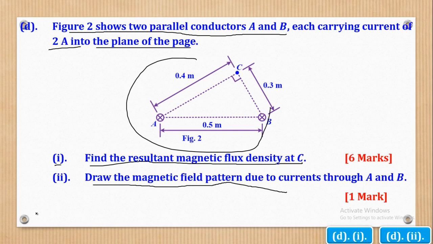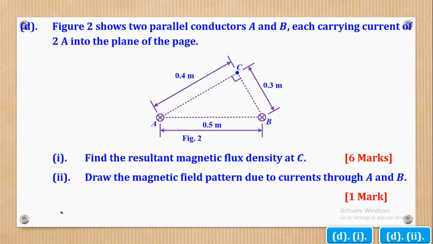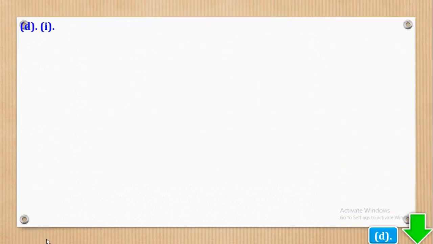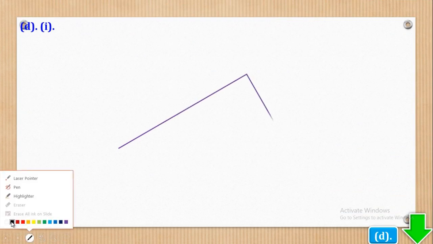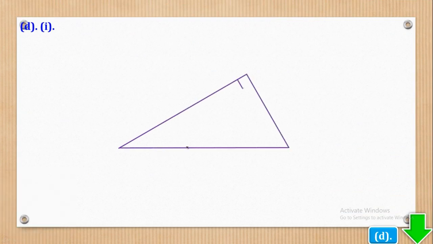So let's start with Roman 1. They want the resultant magnetic flux density at C. So we need to redraw the diagram so that we can show the directions of the flux density. So that's what was given.